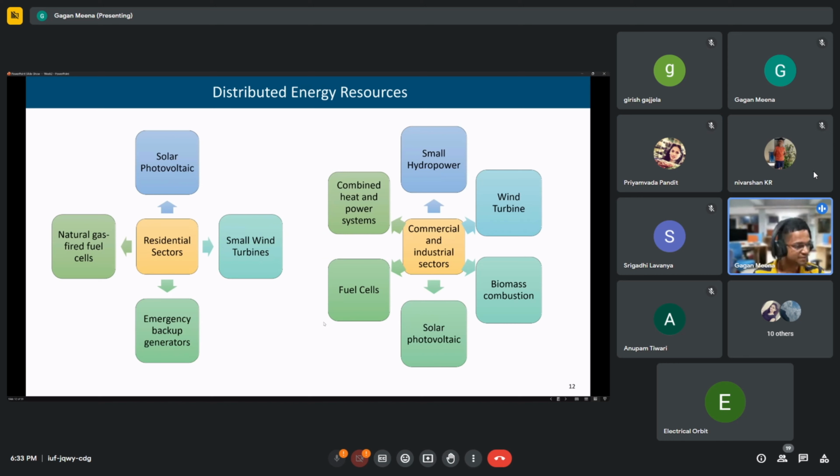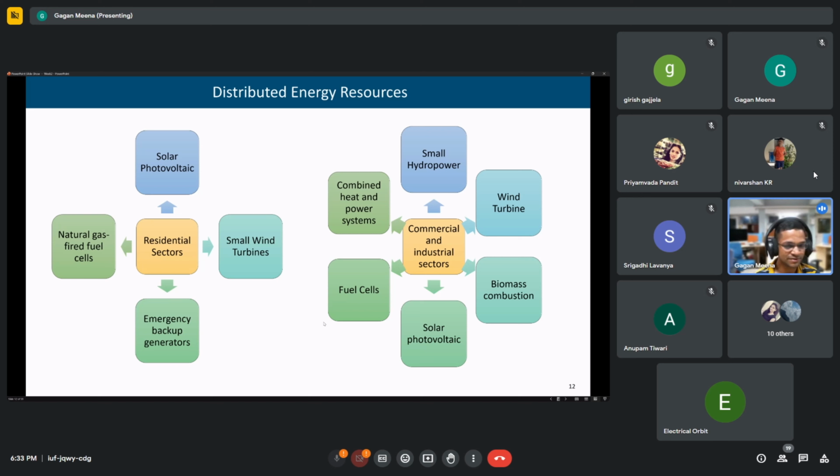So we discussed distributed energy resources and two sources, solar and wind. In the residential sector, we can have different types of sources: solar photovoltaic, which is already available, and even small wind turbines that can be placed on our rooftop.